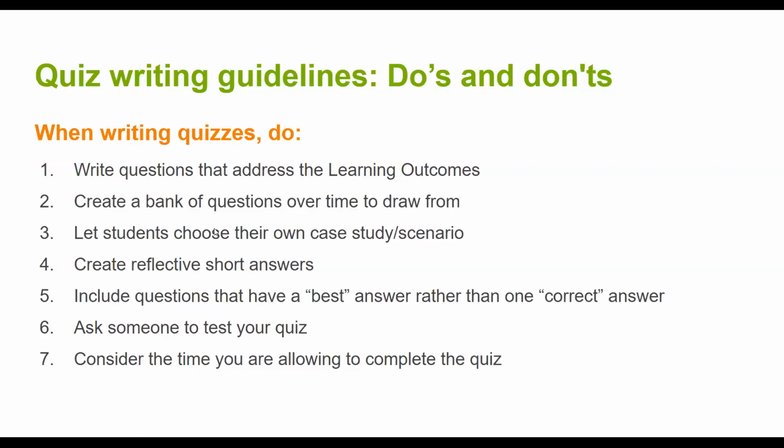First, write questions that address the learning outcomes. This might seem obvious, but it's surprisingly easy to lose sight of what it is that you are trying to assess. Keep the learning outcomes close by, open on your screen, so that you can use them to guide you as you create the quiz.